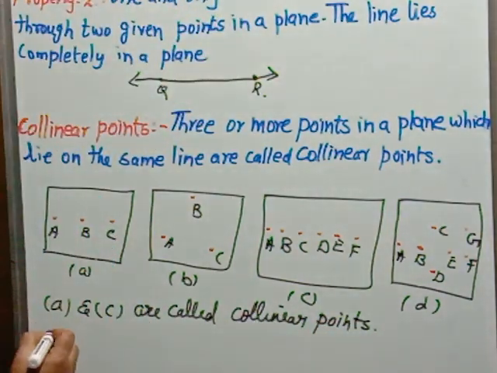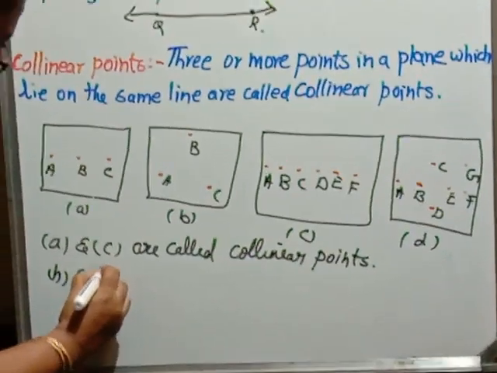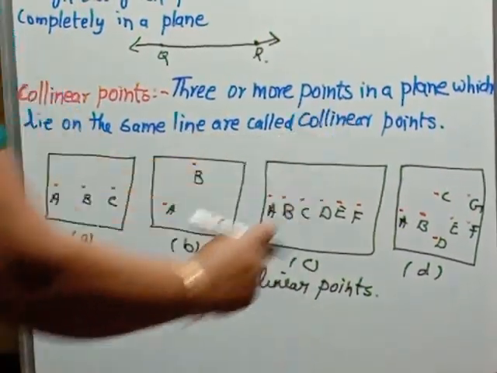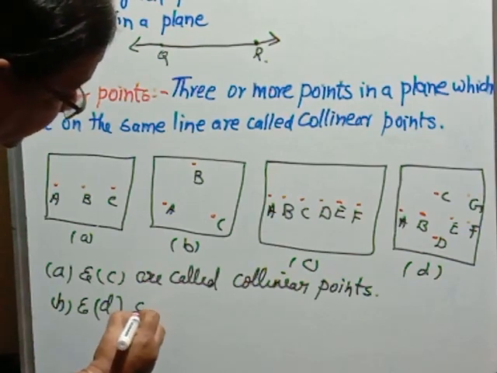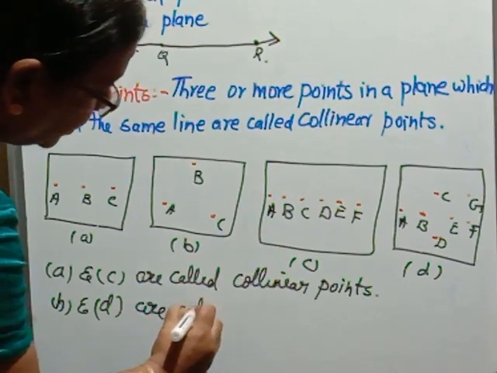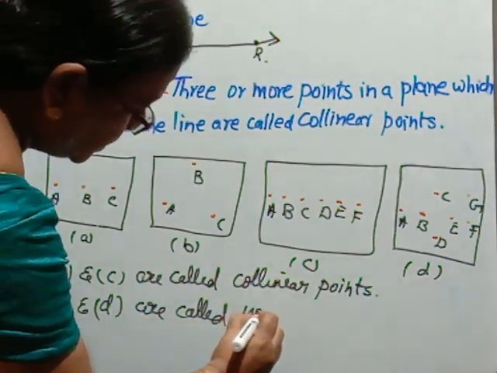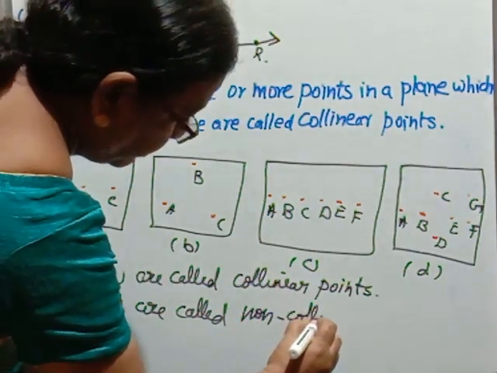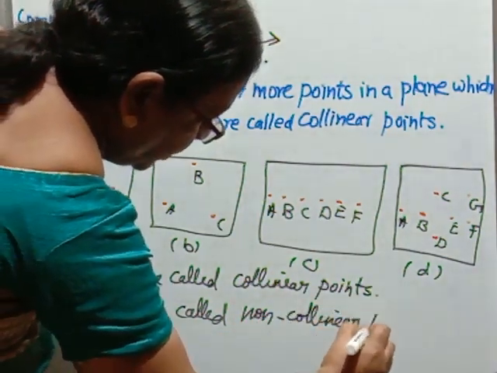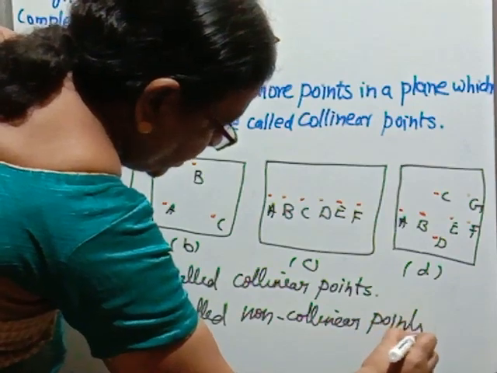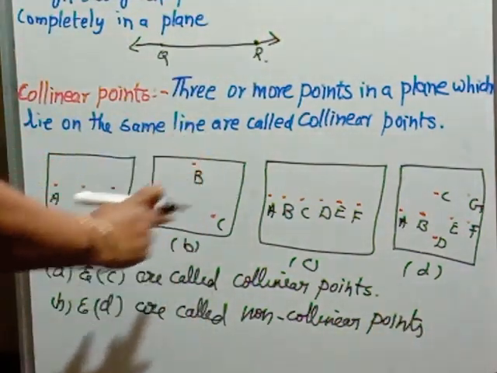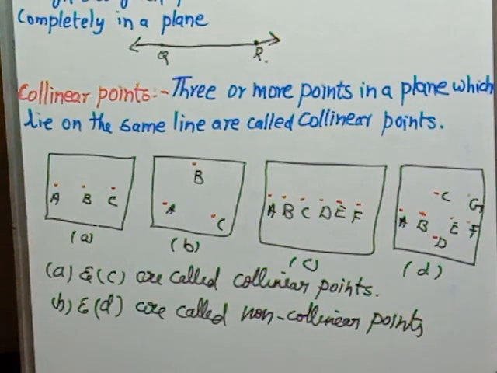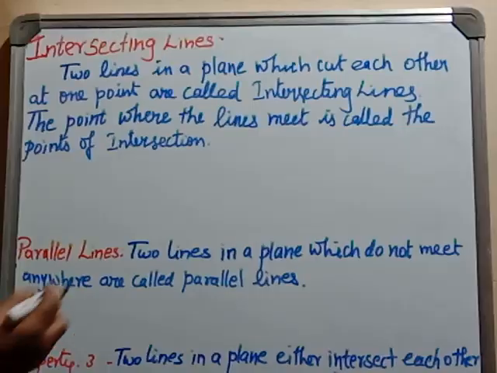Now, here B and D do not lie on the same line. So B and D are called non-collinear points. Points which lie on the same line are called collinear points. Points which do not lie on the same line are called non-collinear points.